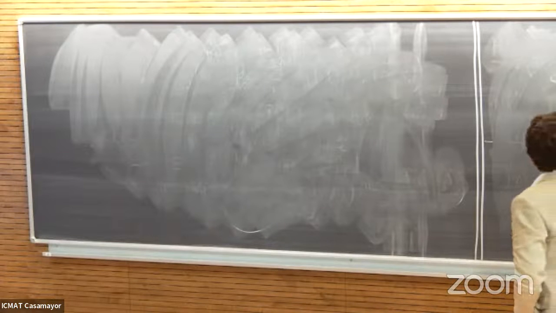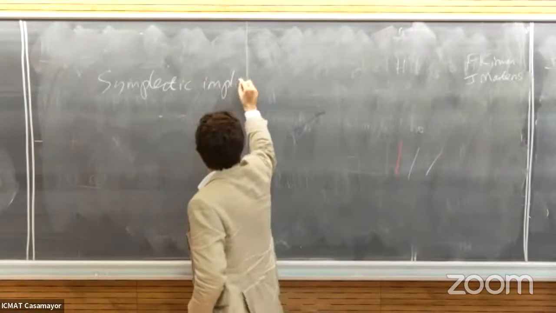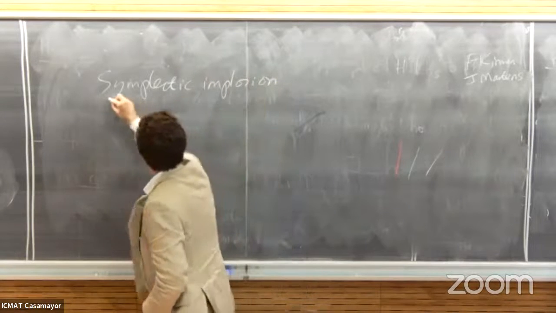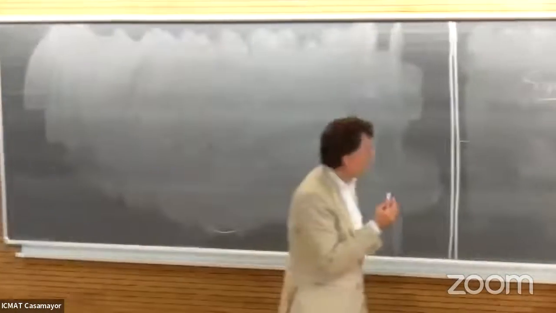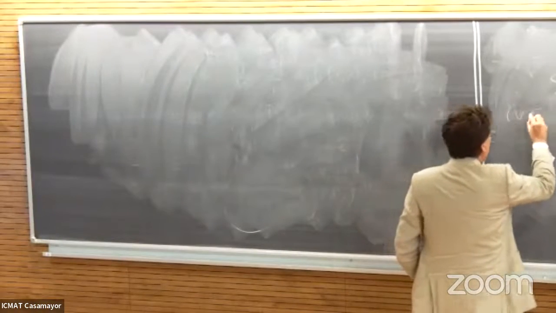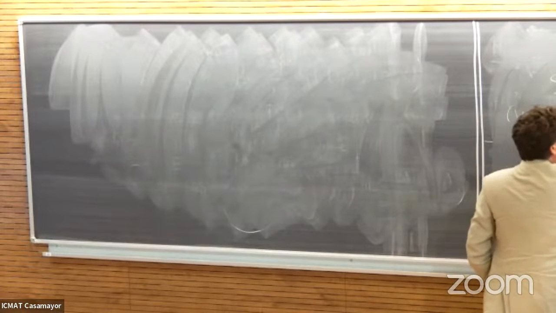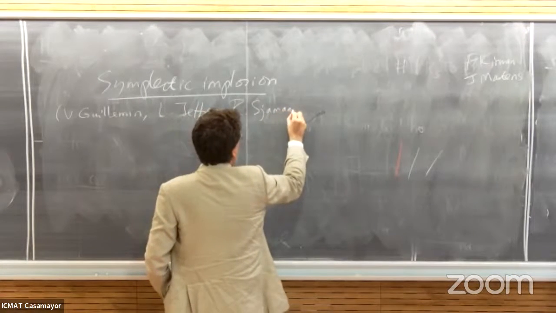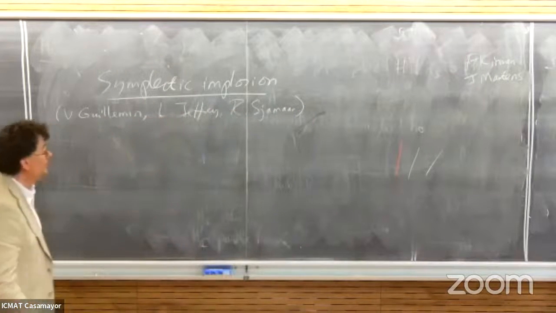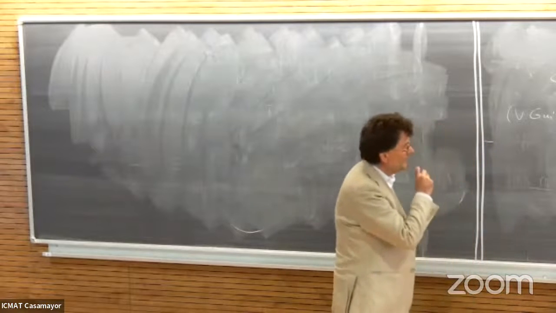So to begin, let me recall the construction of symplectic implosion. This is just real symplectic geometry. This now has been around for a while. It was Guillemin, Jeffrey and Sjamaar who wrote the original paper on this, I guess almost 20 years ago, actually.